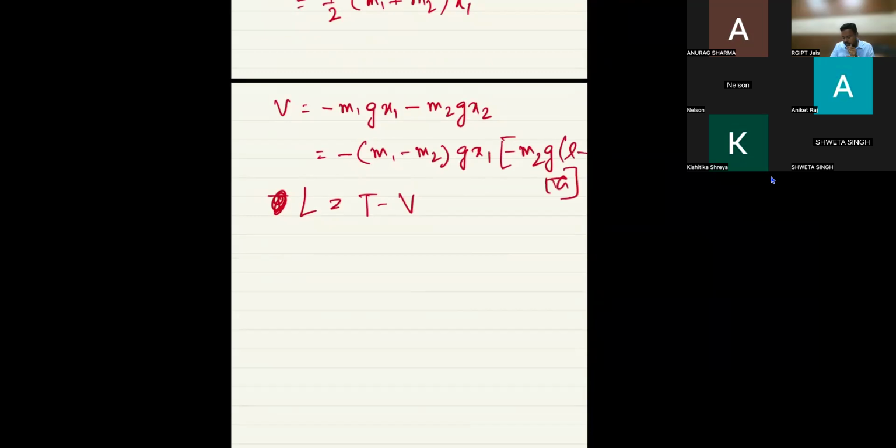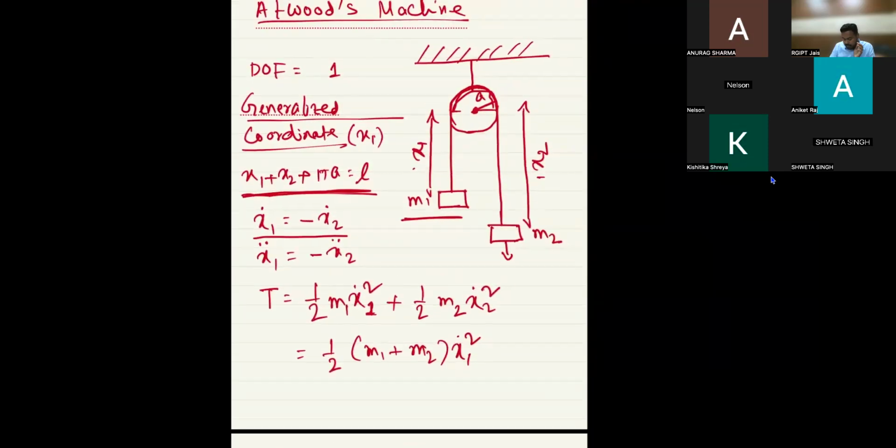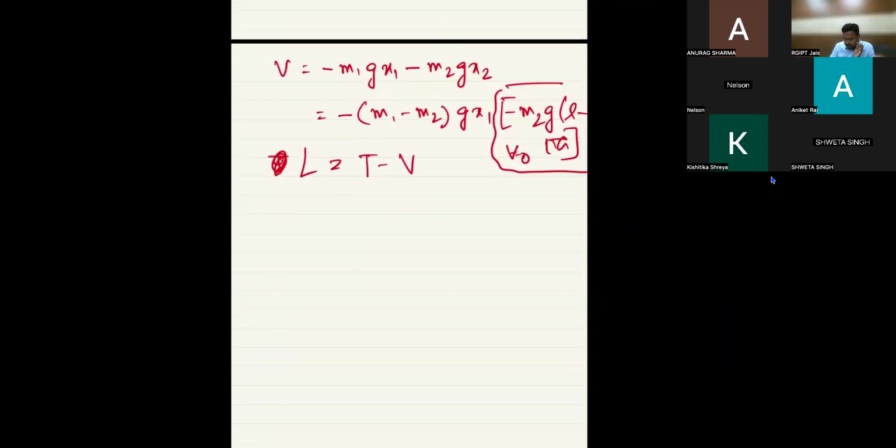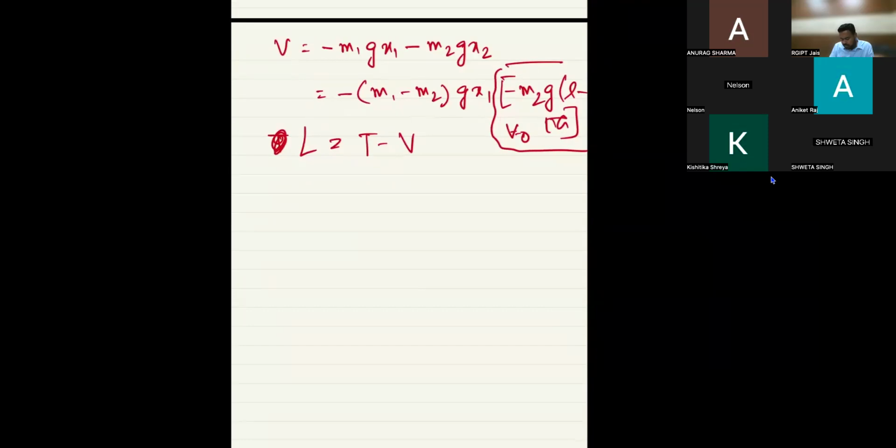If you take the total length, then you will have this additional term. Yes. And this part, let's say this is V0 and this is constant. So we are subtracting because that is not relevant. That you can set 0.